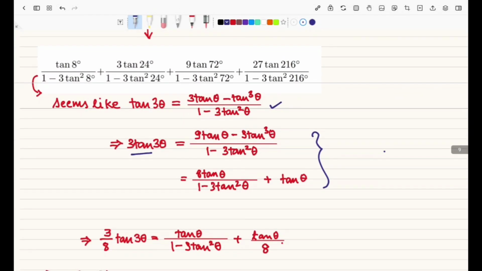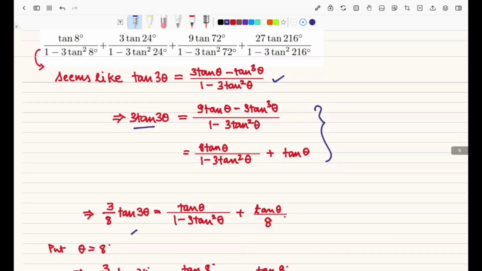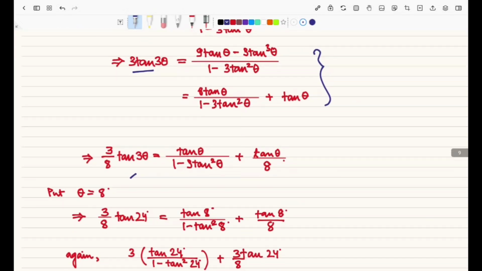Now what happens is I divide the expression by 8 on both the sides, RHS and LHS. So basically after that it happens to be 3 by 8 times tan of 3 theta is equal to tan theta divided by 1 minus 3 tan square theta plus tan theta divided by 8, right? Now moving on, what I do is I put the value of theta as equal to 8 degrees, right?